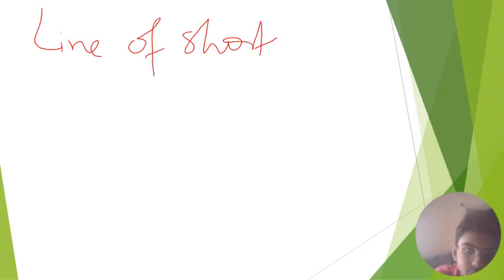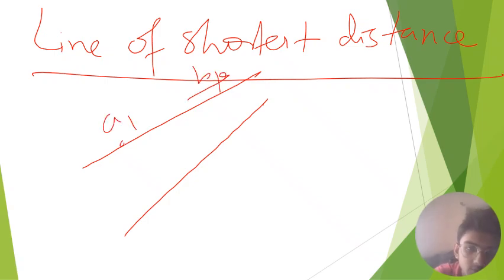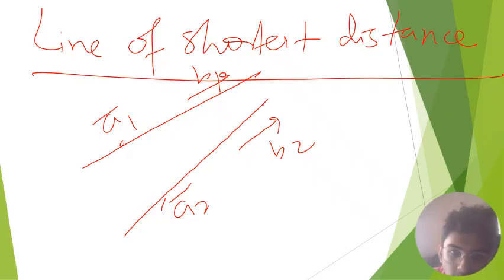Okay, one more concept we have to discuss, that is the line of shortest distance. Suppose this is a line, this is A1, this is B1, B2 and A2. Okay, so the line of shortest distance is actually perpendicular. So you have to take points on this particular line.